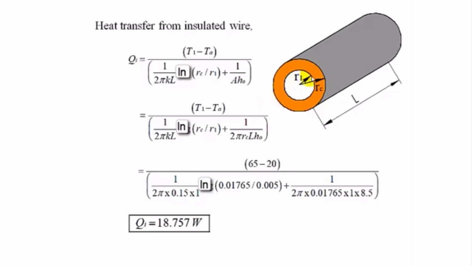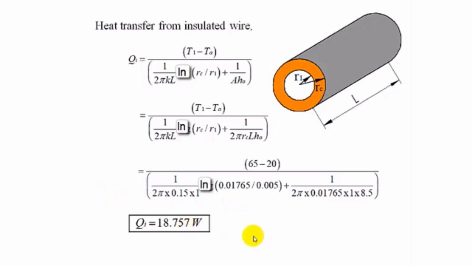Here, keeping the same cable surface temperature of 65, by providing the insulation you will be able to increase the current flowing in this cable, because the heat dissipation rate has increased for the same surface temperature. So by adding the critical thickness of insulation, the wire will be able to carry more current, keeping the cable surface temperature at 65 degrees centigrade.